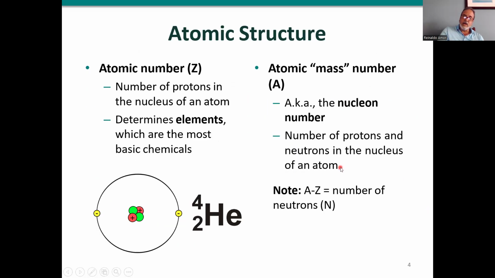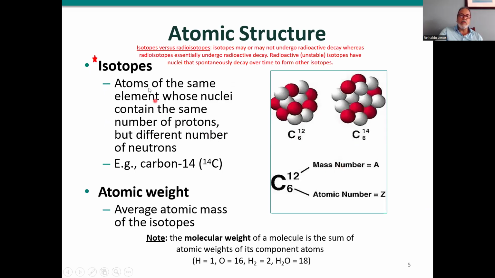All right, so let's continue. Now, isotopes. Isotopes, again, are atoms of the same element whose nuclei contain the same number of protons, but a different number of neutrons, okay? And we saw that with the element hydrogen, that there are variations of this element, and we call these isotopes.